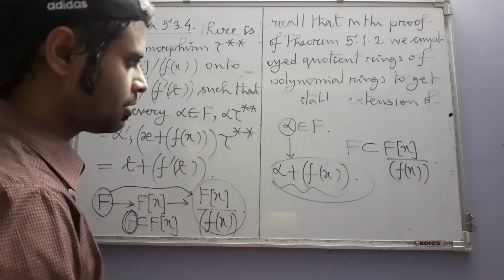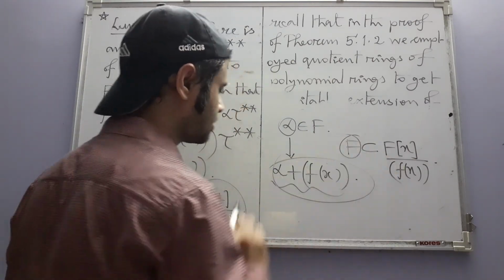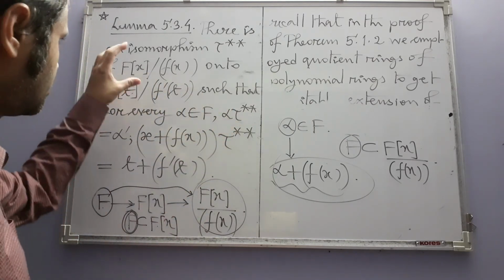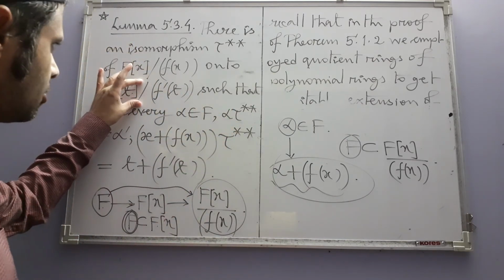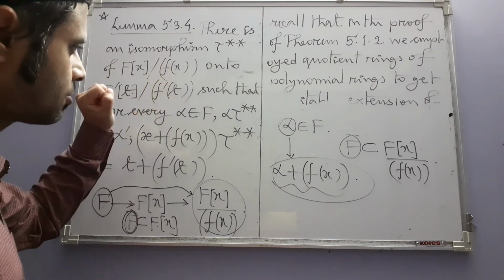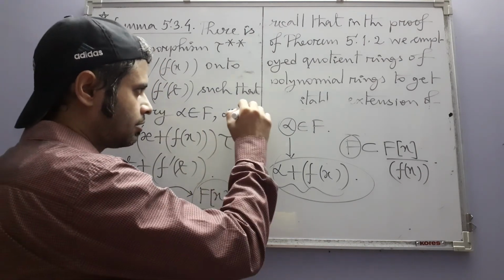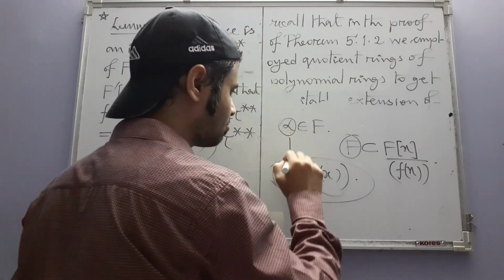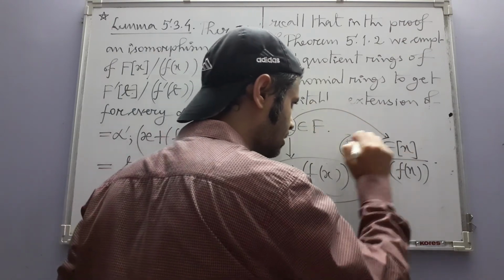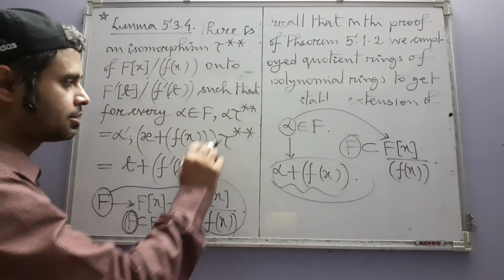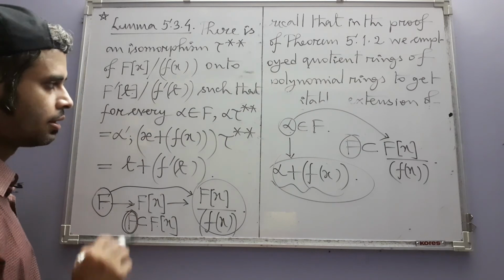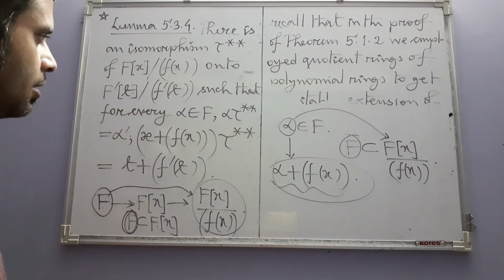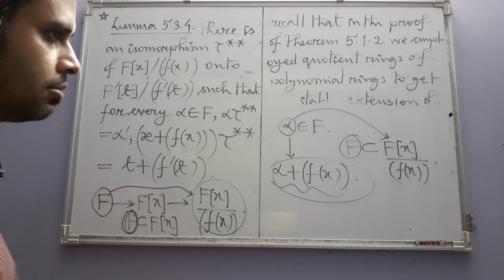And that is why, because we can think of F as a subset of this, and tau double star, which we are saying is going to be an isomorphism from this quotient ring to this quotient ring, we can find the image of any alpha in F, which now because of this identification can be regarded as an element here. We can find its image under tau double star, and what we are saying is that image is going to be equal to alpha prime. But what is alpha prime?